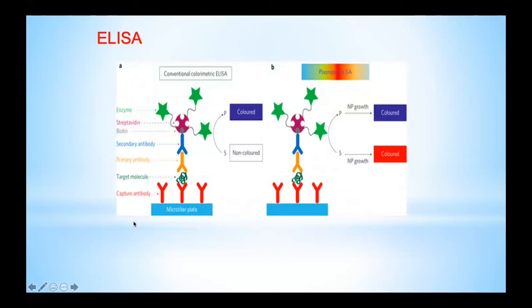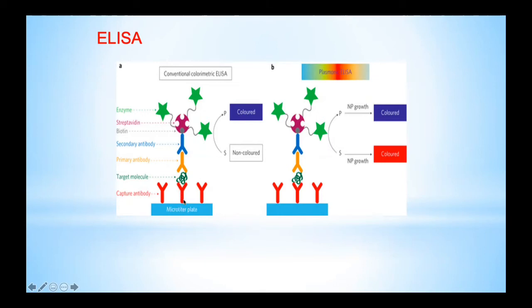This is an example of immunosensor where we use the ELISA technique. As you can see, on the surface of the transducer or the sensor, we can build or attach a capture antibody.